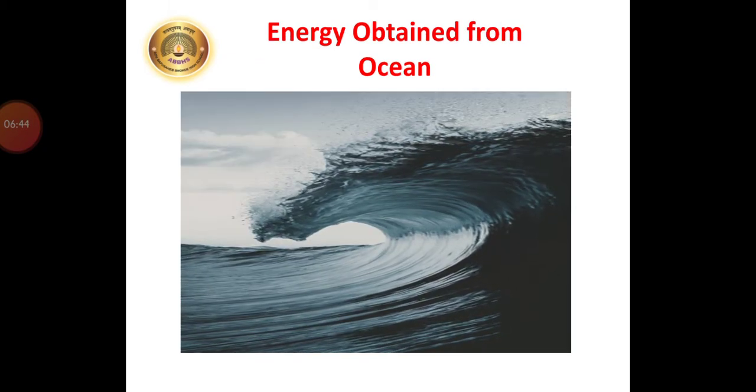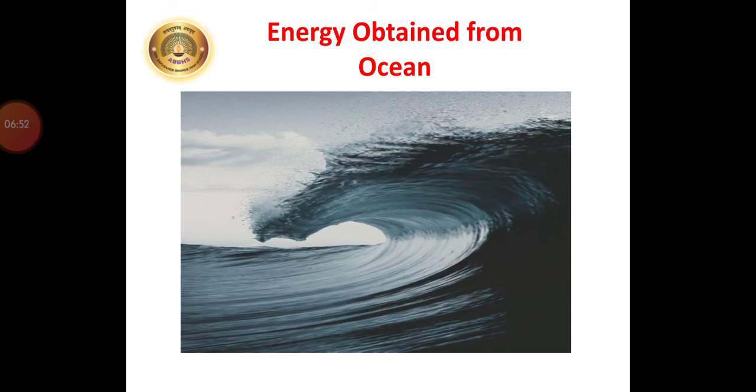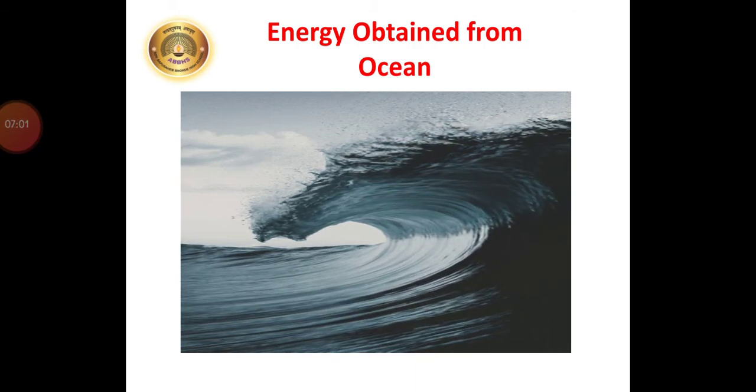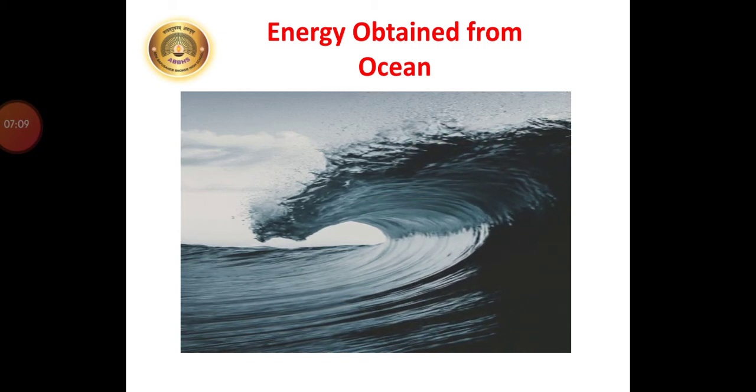Next form of energy is energy obtained from oceanic waves. While sea waves move forward in a certain direction, the water moves up and down regularly at a position. By using these waves, electricity can be generated. Observe this picture, you will come to know how this energy is used from ocean waves.